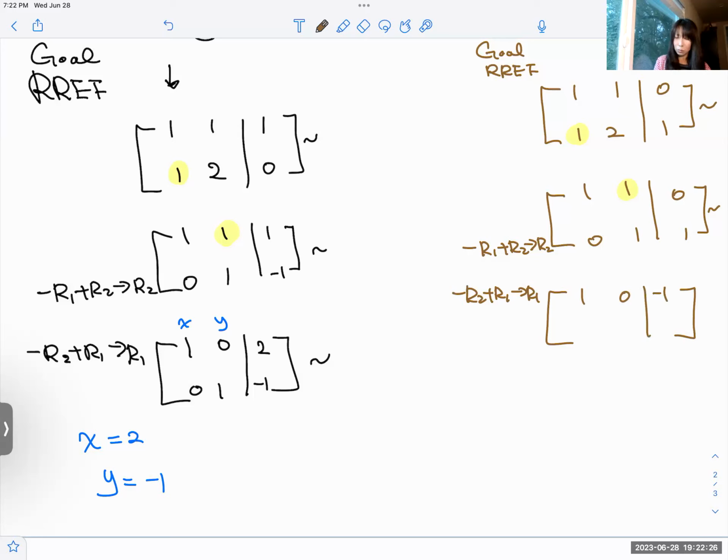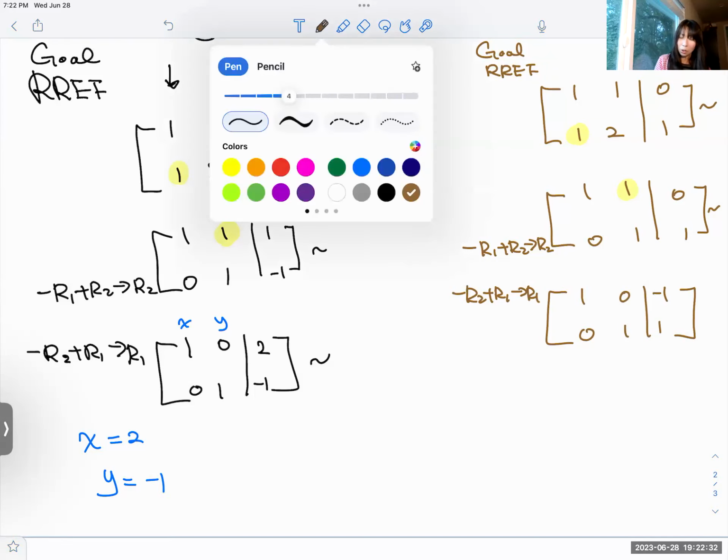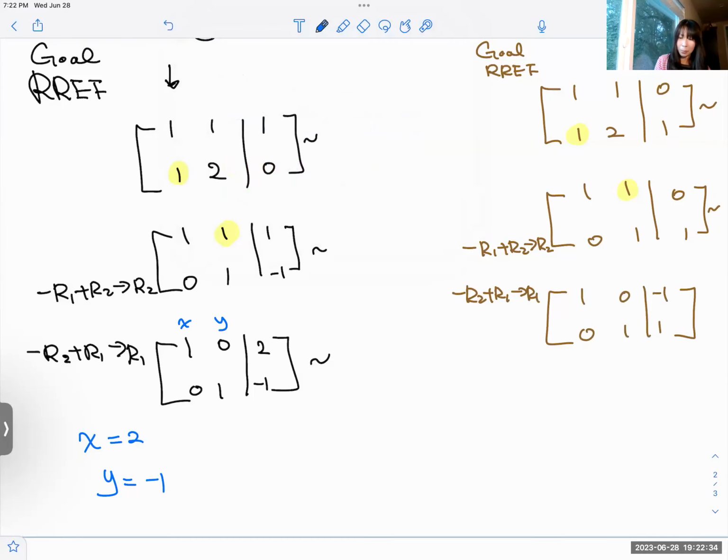Okay, 0, 1, 1. Okay, good job. So this will be Z, this will be W, right? So that means Z equal to negative 1, W equal to positive 1.